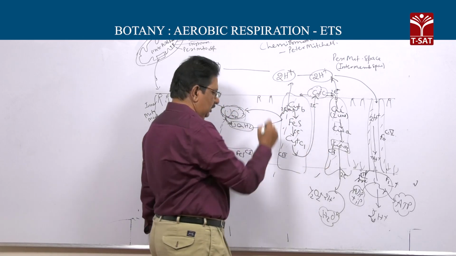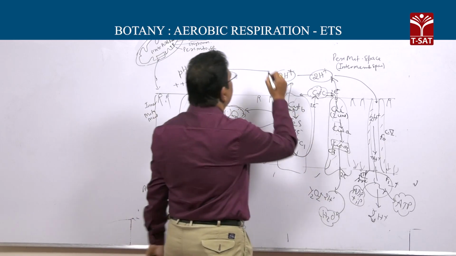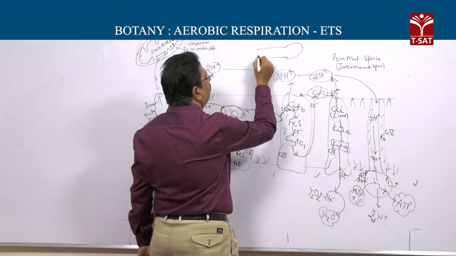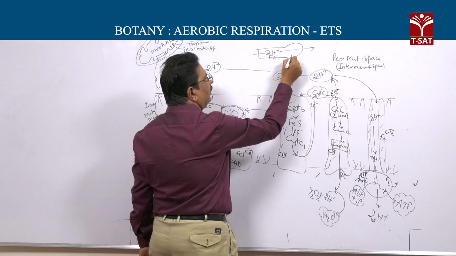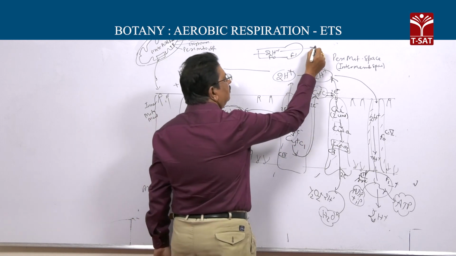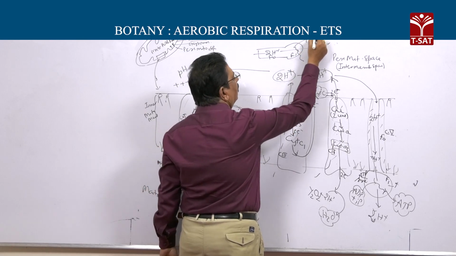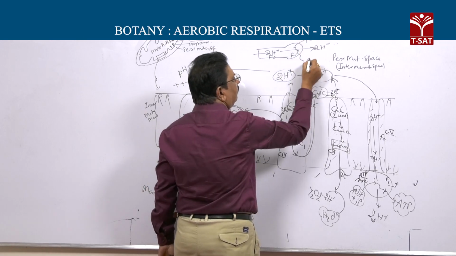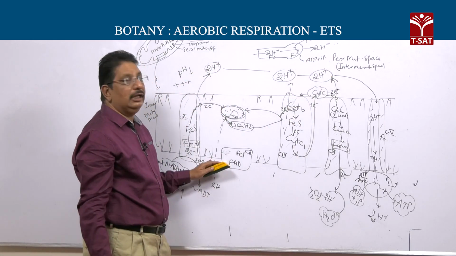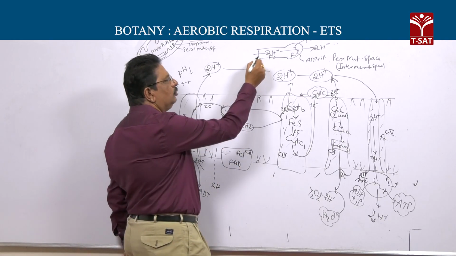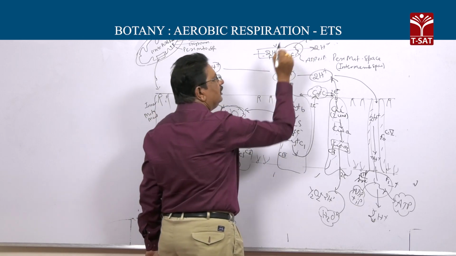As per the chemical energy calculations, if 2 protons are transferred through the F0 and F1 particle according to their gradient, the energy is sufficient to form 1 ATP from ADP and Pi. So every 2 protons that travel through complex 5, 1 ATP is synthesized.